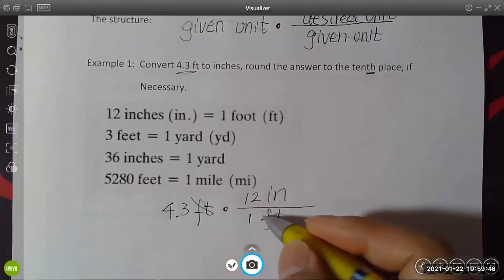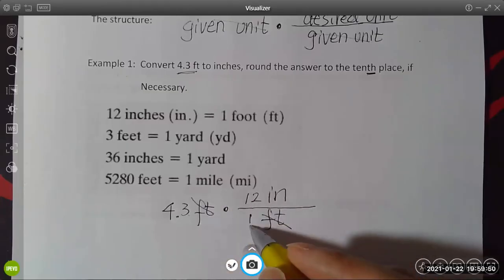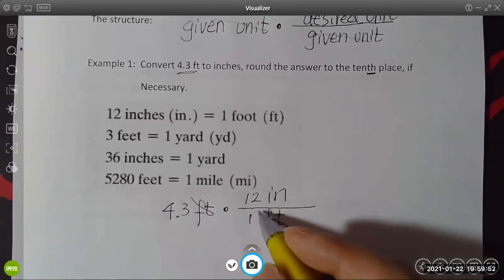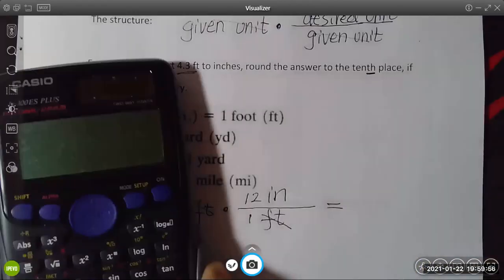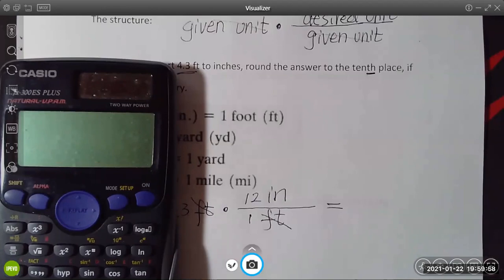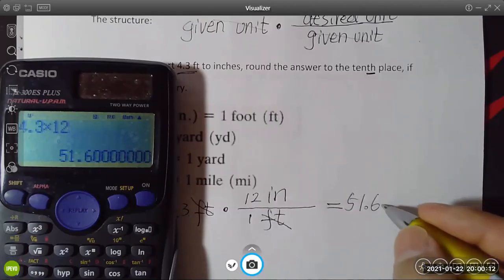So foot canceled, we multiply everything on the top divided by the number on the bottom. So 4.3 times 12 divided by 1. Now let me get my calculator. Basically we just do 4.3 times 12 because dividing by 1 doesn't make any difference. 4.3 times 12, we get 51.6 and many zeros.